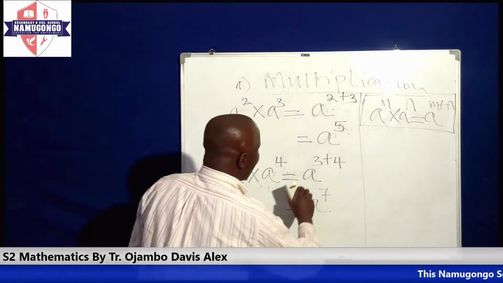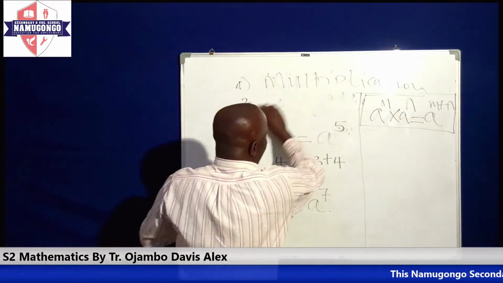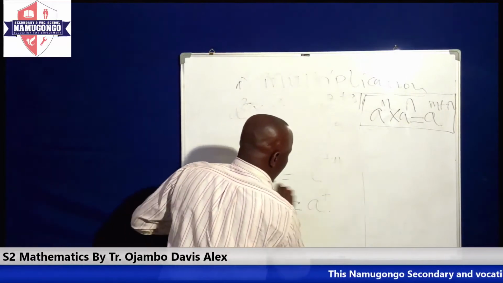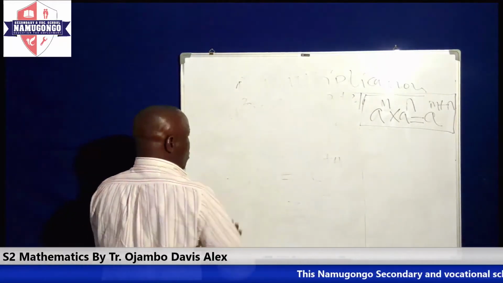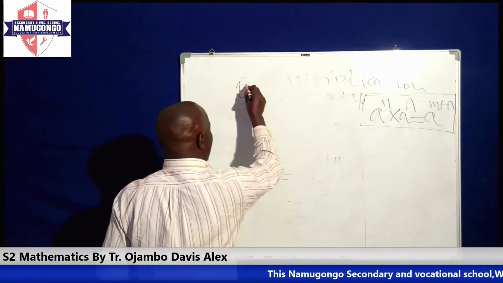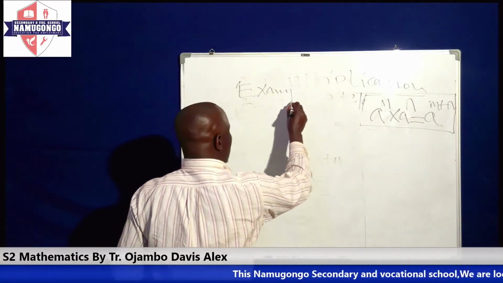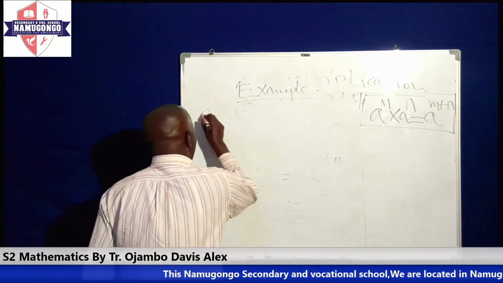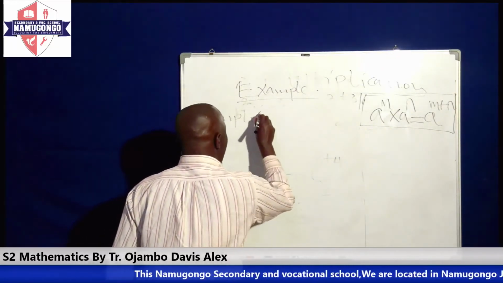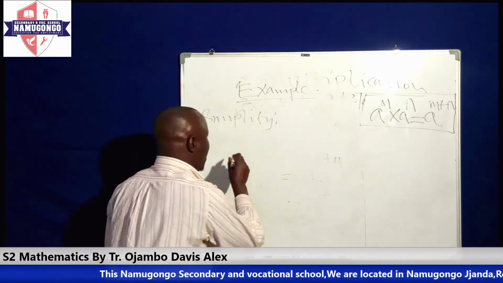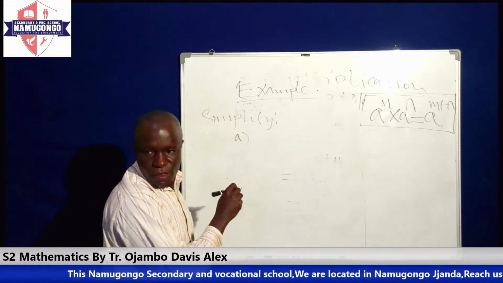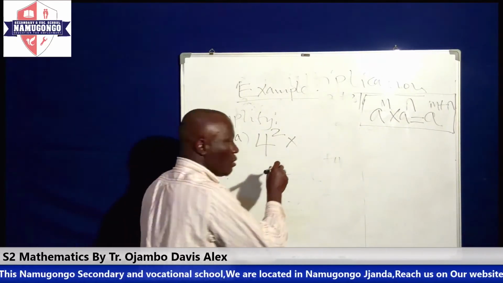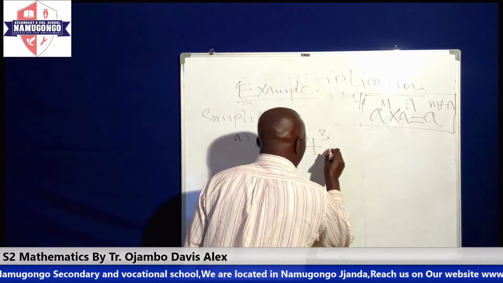We can now look at an example. Simplify: A, we have 4 raised to the power of 2 times 4 raised to the power of 3.